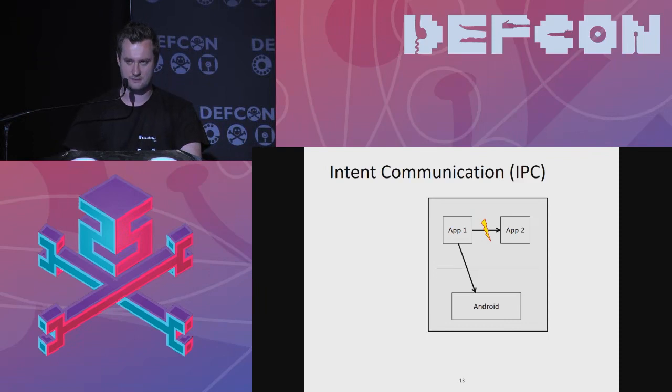An intent is sent to the operating system, to Android, and then Android decides which application should receive this message or the data which should be shared. How does it work? Application 2 has so-called filters. Application 2 can define a filter, so the operating system knows, hey, this application wants this data if a specific intent is sent.